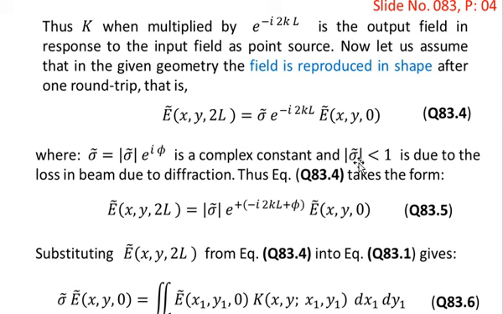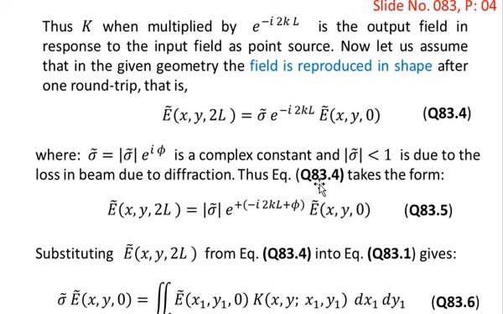The value of sigma mod being less than 1 is due to the loss in the beam due to diffraction. When diffraction takes place, some part of the beam will be lost.